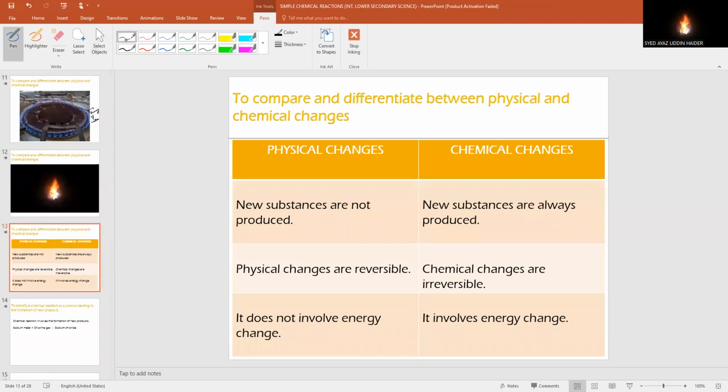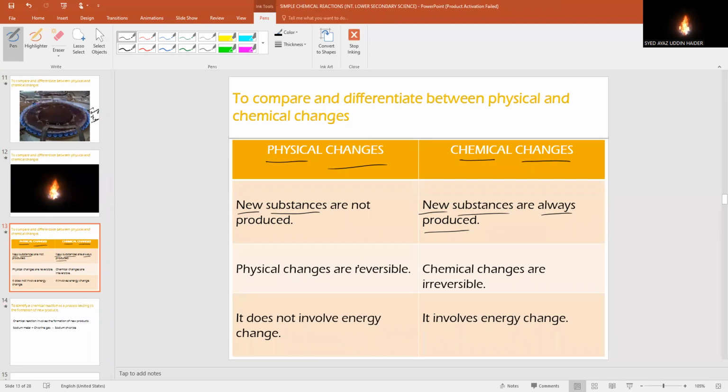Now here's a comparison between physical and chemical changes. I've already discussed with you that physical changes do not involve the formation of any new substances, while chemical changes involve the formation of new substances. So new substances are always produced in the case of chemical changes.